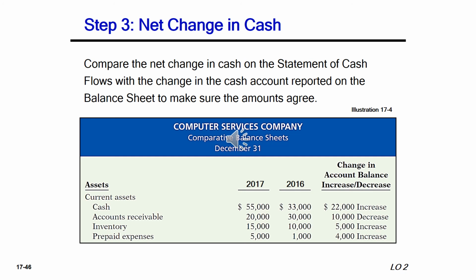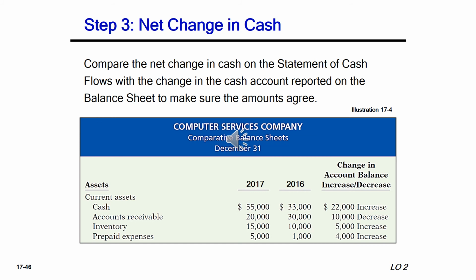And as you can see here, we have the current assets section, and we have the change in all the accounts under this classification. We have the change in cash of an increase of 22,000, the change in accounts receivable, a 10,000 decrease.